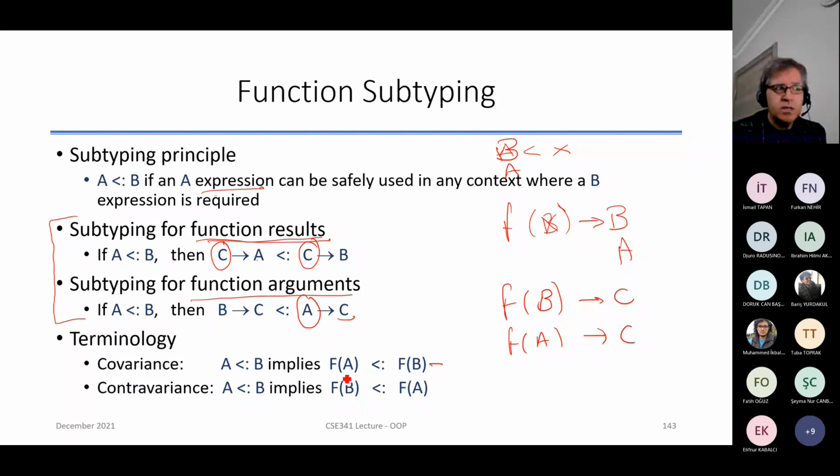So covariance: function application takes, if A and B are in a subtype relationship, FA and FB will be subtypes as well. This is important. This actually puts a constraint on the function itself, meaning the function doesn't change the subtype relationship.